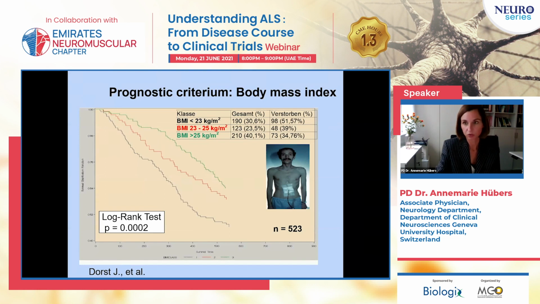So it is important to educate the patients early in the disease to maintain their weight, and if it's necessary, to even implant a percutaneous endoscopic gastrostomy sonde to maintain the body weight.